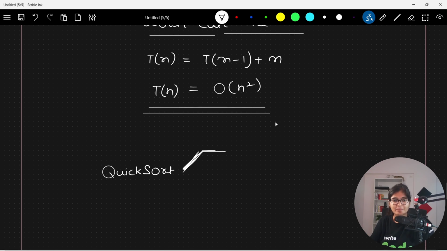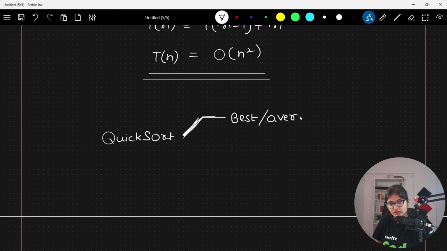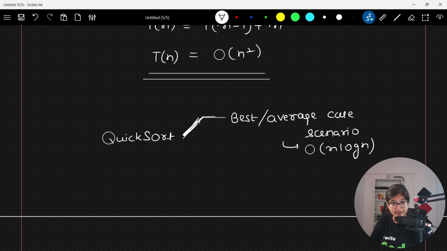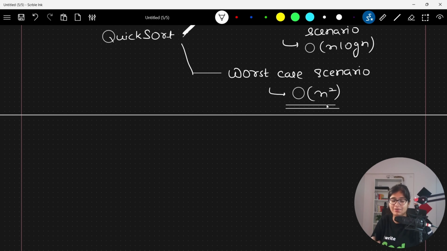But in a nutshell, when you are talking about the best case or the average case scenario, you are getting a time complexity of big O of n log n. But in the same QuickSort algorithm, when you are reaching towards the worst case scenario, I will show you that when this worst case scenario happens, that same algorithm can tend to big O of n square as the time complexity.